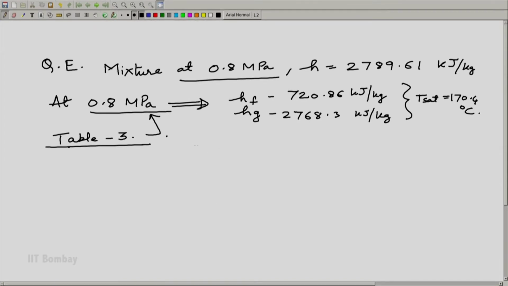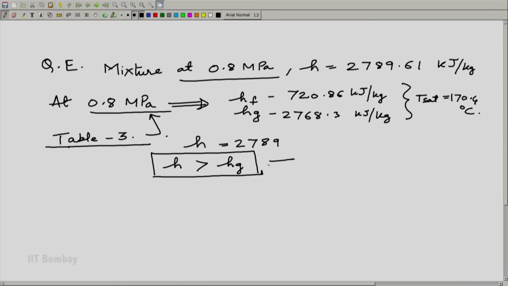Obviously, we can see that our H value, which is 2789, is more than Hg. The moment I say H is more than Hg, I am sure that I am in a superheated vapor zone.